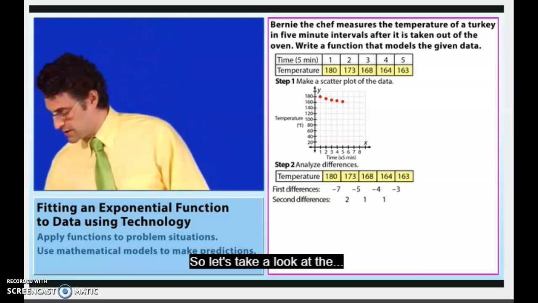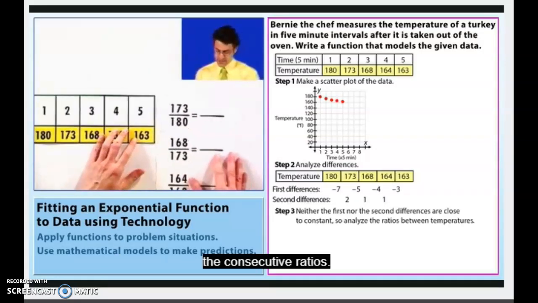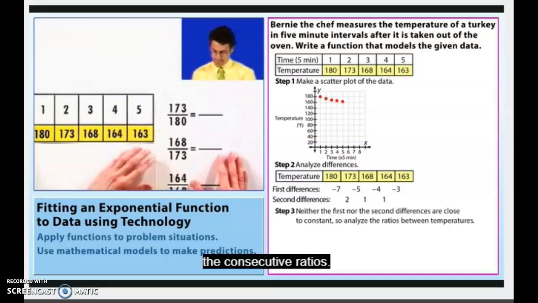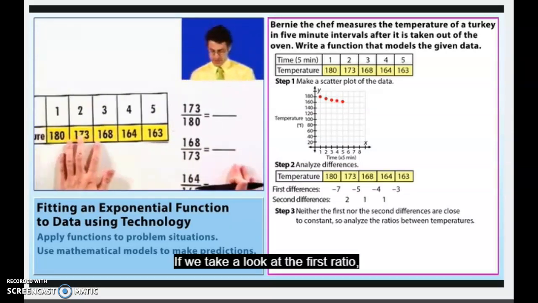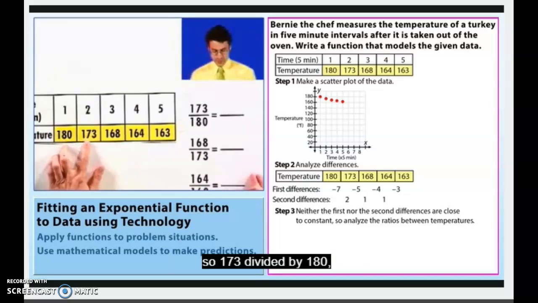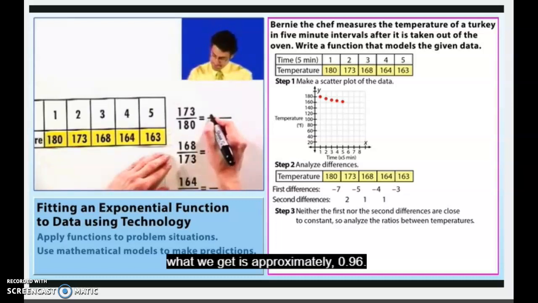So let's take a look at the consecutive ratios. All right, let's see what we get here. If we take a look at the first ratio, 173 divided by 180, what we get is approximately 0.96.